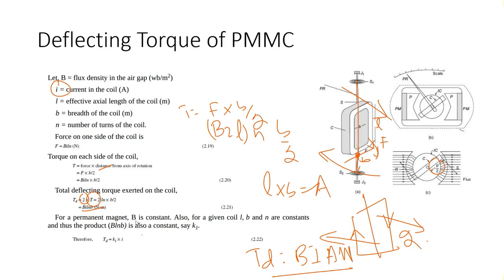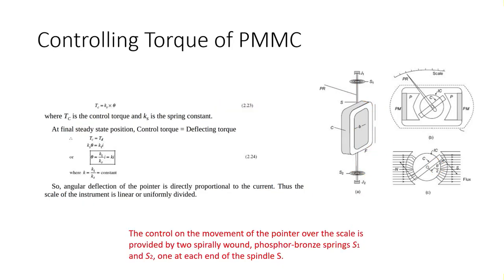Now coming towards the controlling torque. Controlling torque is actually provided by a spring. So the spring must have a spring constant Ks, and the more the theta, the more the spring will want this spindle to go back. So it will be more compressed if theta is more. If theta is 0, there is no compression, no force.